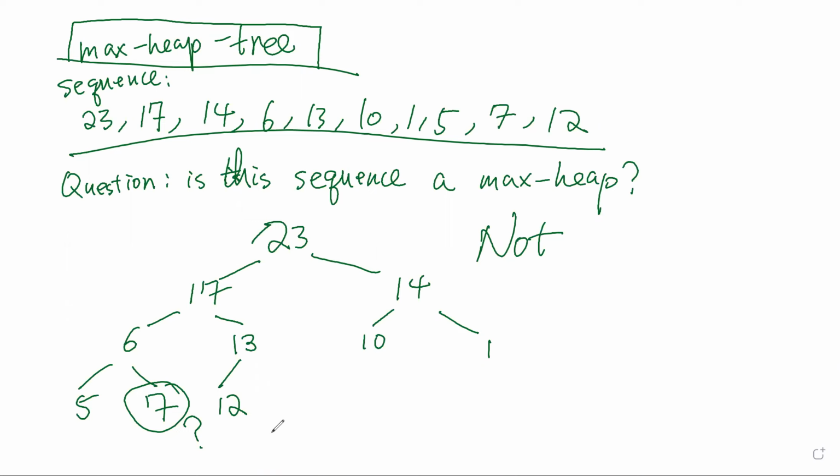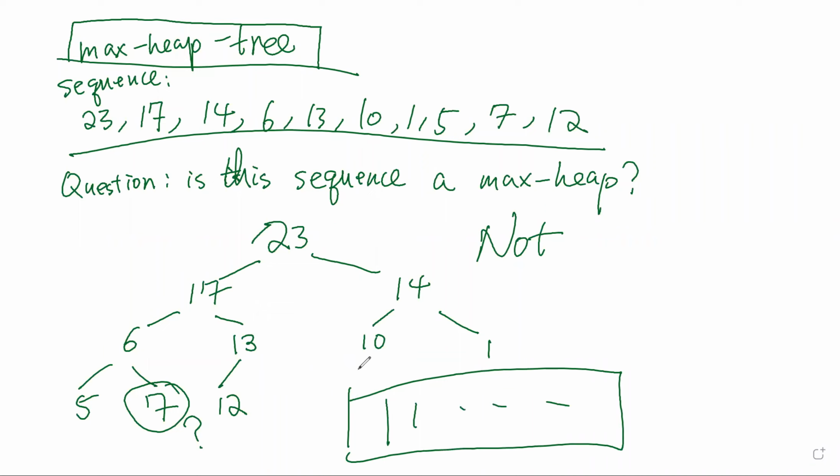But in your program, you don't have a tree. You only have an array. So how do you check? You need to use the index to do the check. All you stored is the array and the index. You don't have this tree.